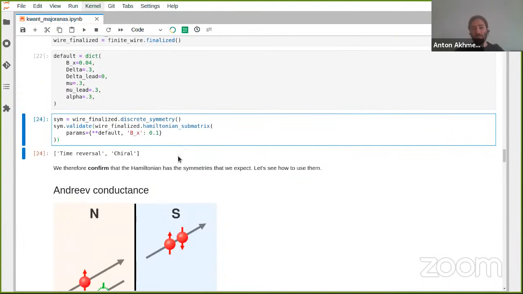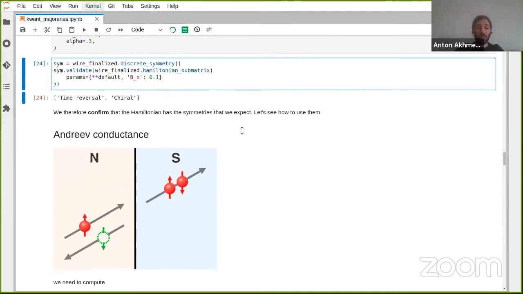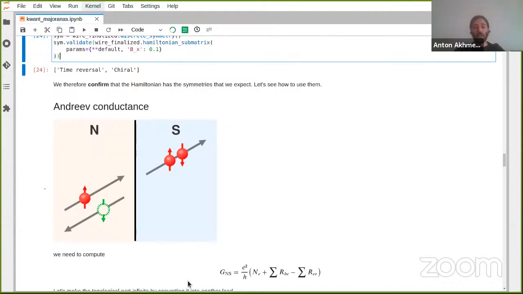All right, so this is good. We verified that the Hamiltonian has the symmetries that we expected. Let's turn to conductance, and that's where the particle charge enters the picture. So when we compute the Andreev conductance, we need to send in electrons at a certain energy. Some of these electrons may enter the superconductor as Cooper pairs and reflect back as holes. Holes carry the opposite charge.